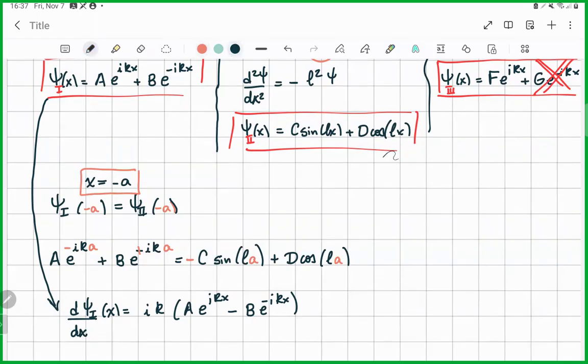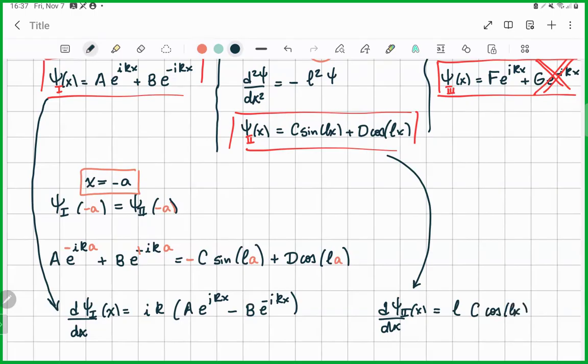Same thing here. We are going to do this derivative of the function in x, and that gives us L times sine or cosine of Lx.